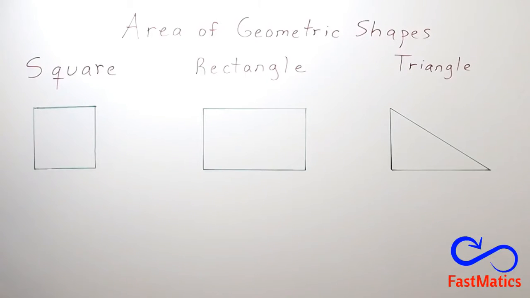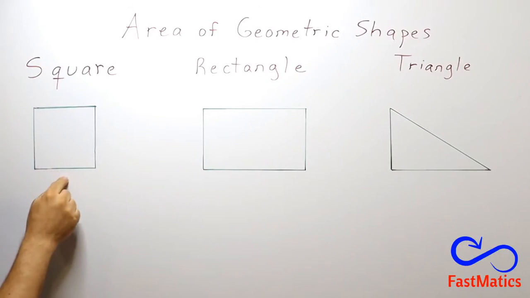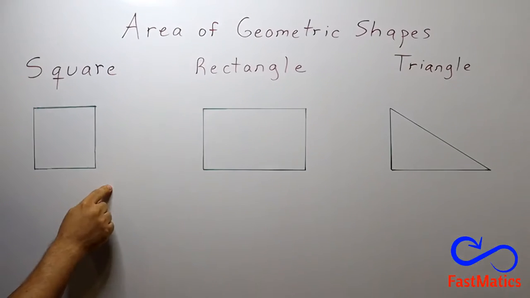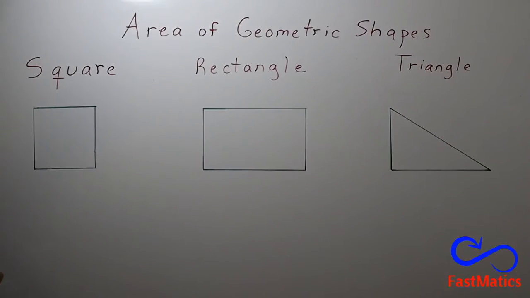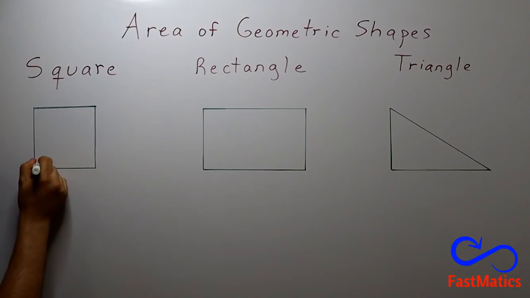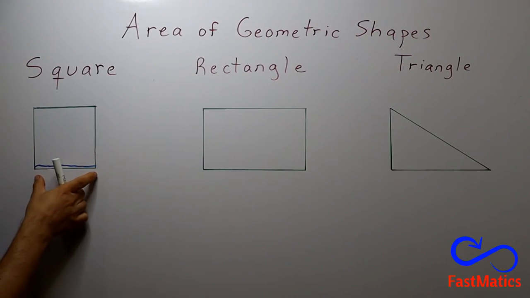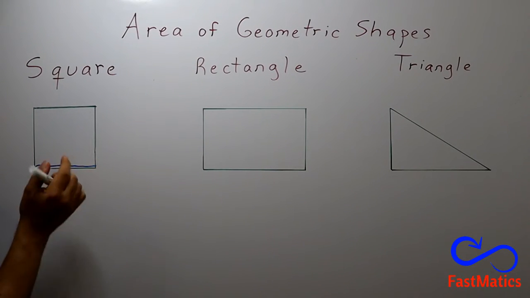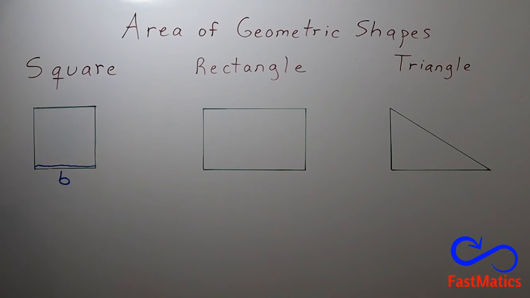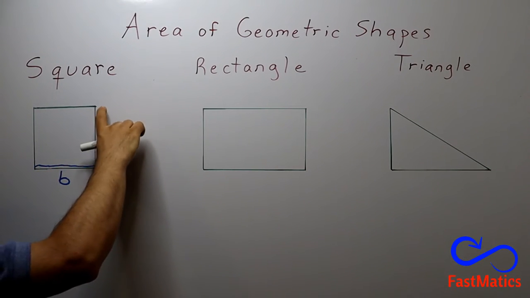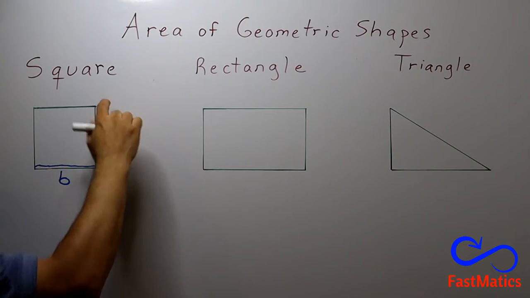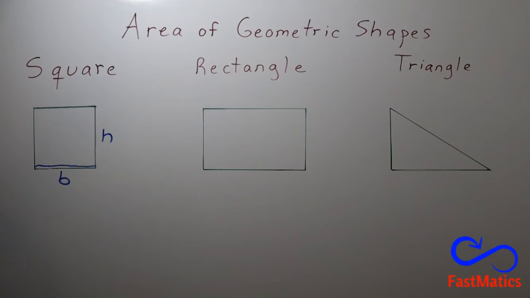We're going to see. Imagine that here you have a fish tank and you start filling that tank with water. We could call that length the base, and we could call that length the height.